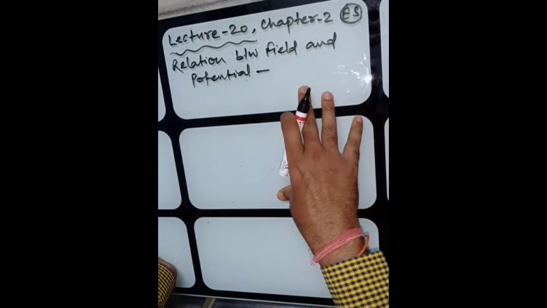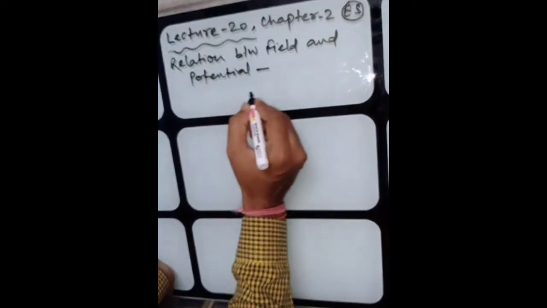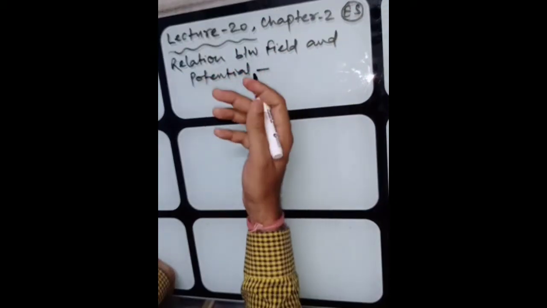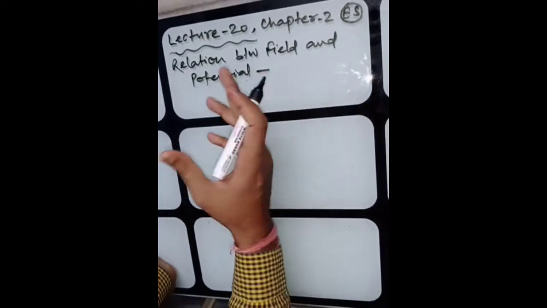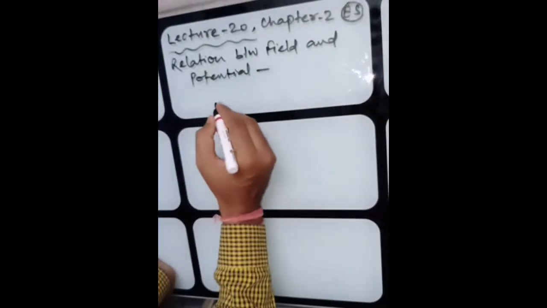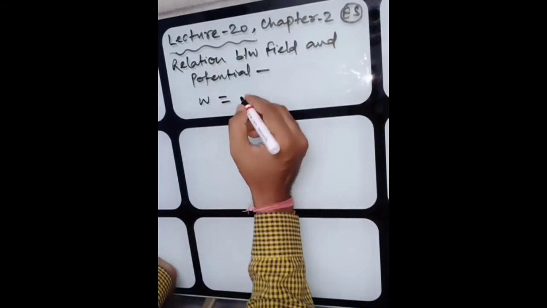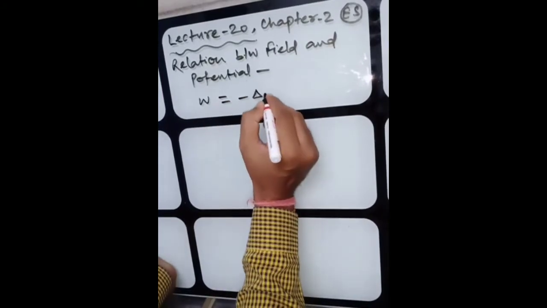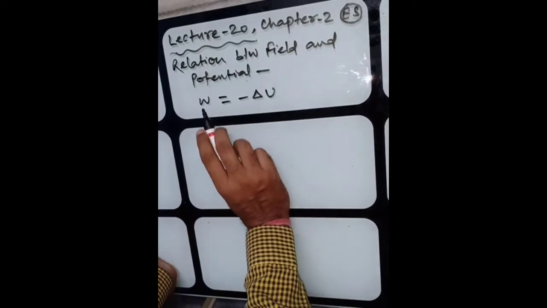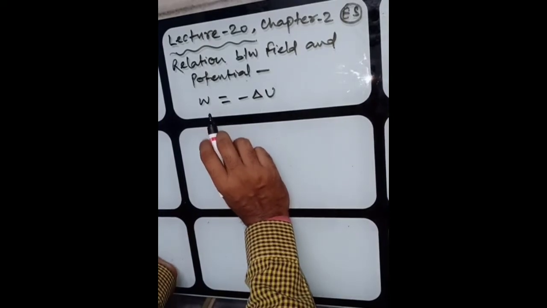My dear students, I have established a relation between work and change in potential energy. You might remember it was W is equal to minus delta U, and this W is nothing but the work done.